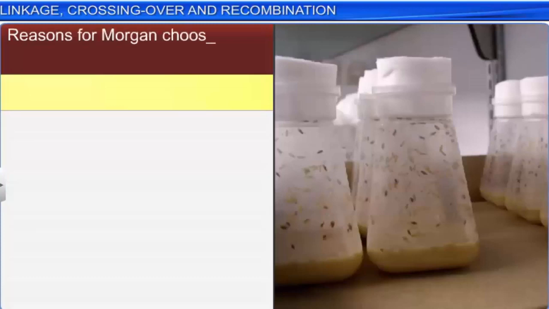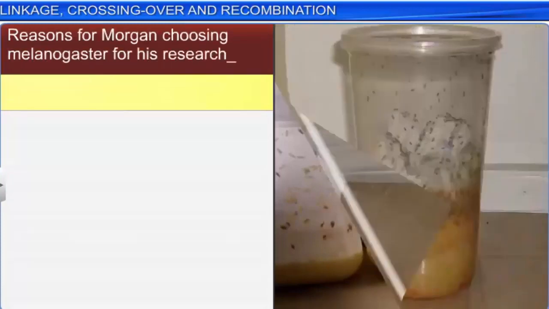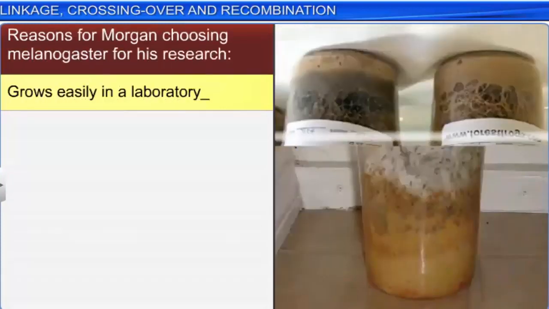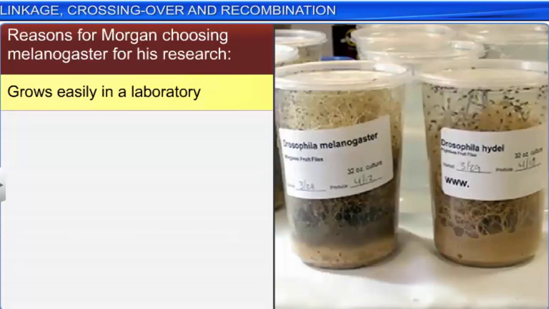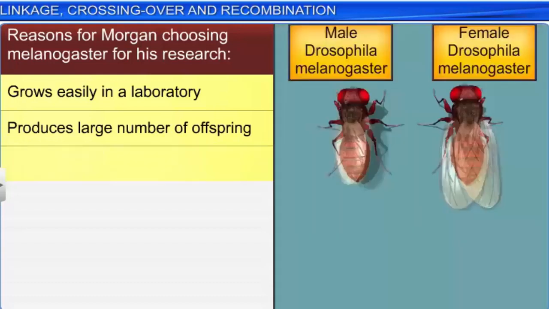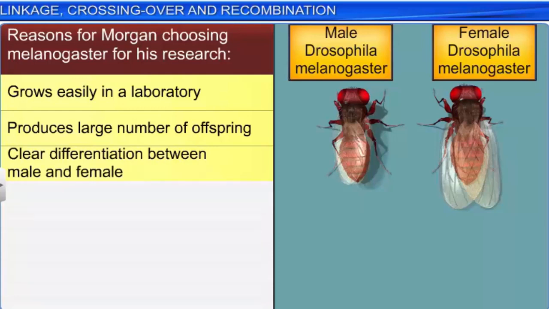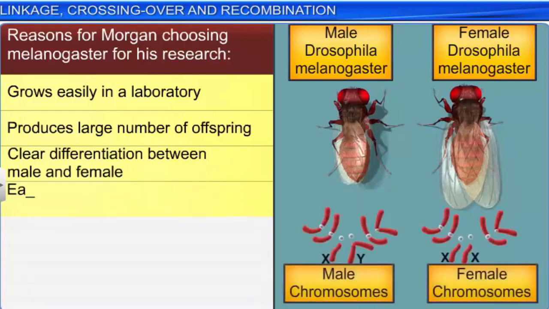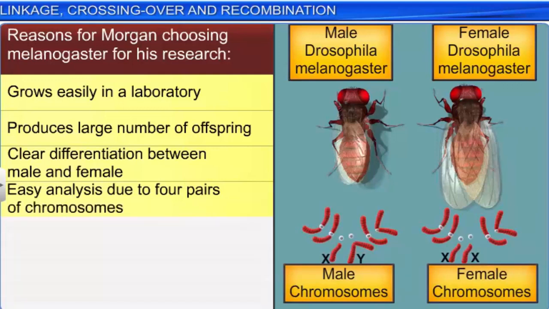First, these flies could be easily grown in a simple synthetic medium in a laboratory. Morgan also found that a single mating in these flies produced a large number of offspring. Moreover, the male and the female flies were easily distinguishable and had only 4 pairs of chromosomes, making their analysis easier.